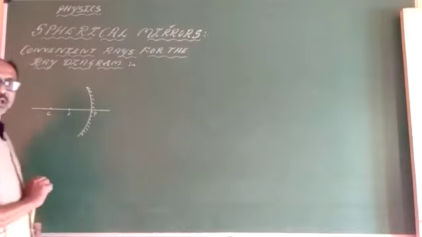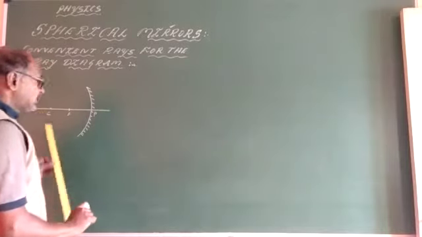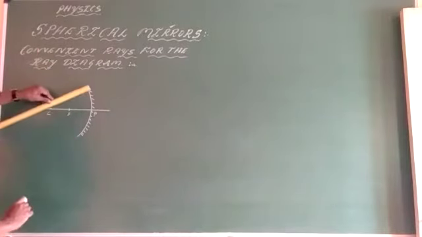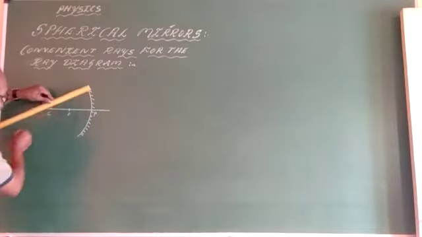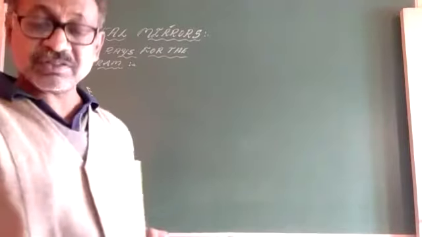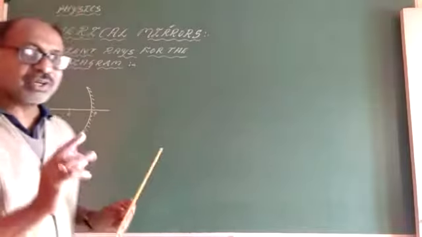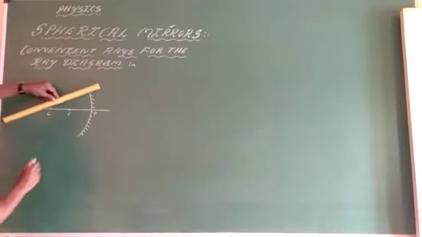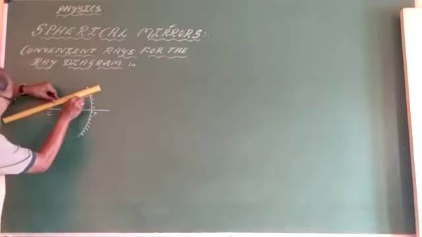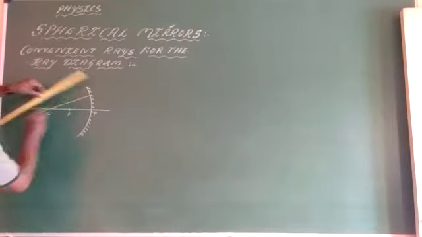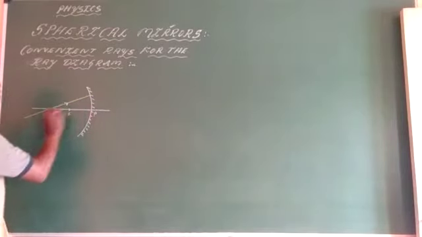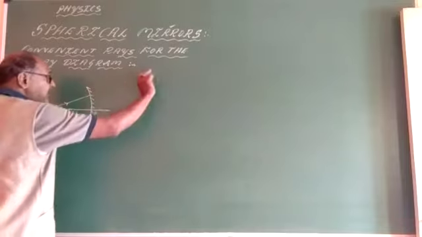Okay. Now a ray which passes through the center of curvature. Let us understand the ray which passes through the center of curvature. This is the incident ray. Then where will it go?